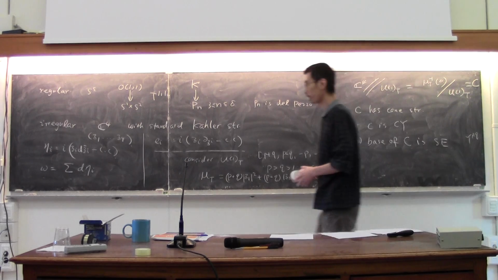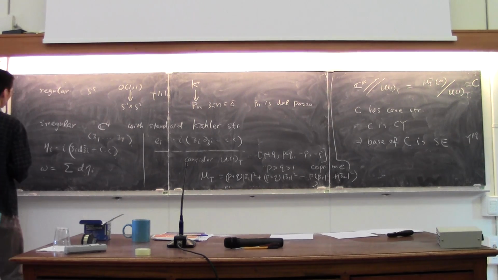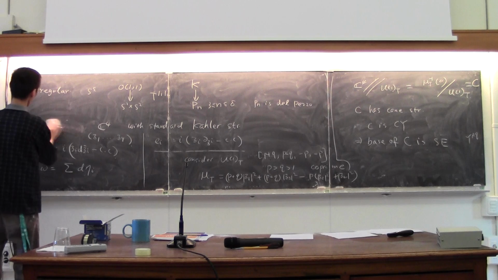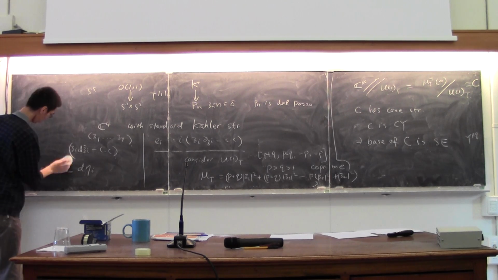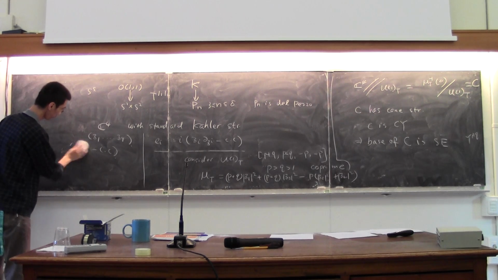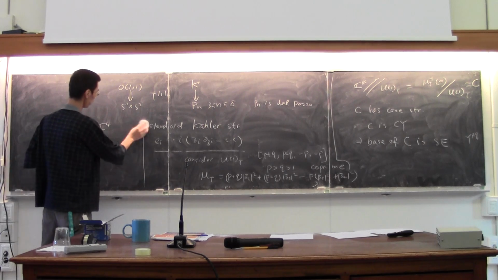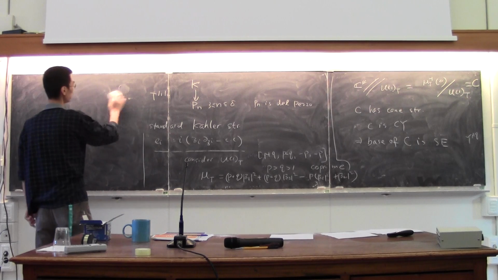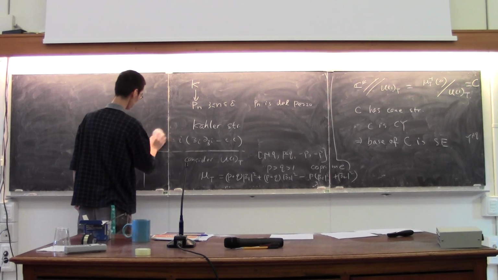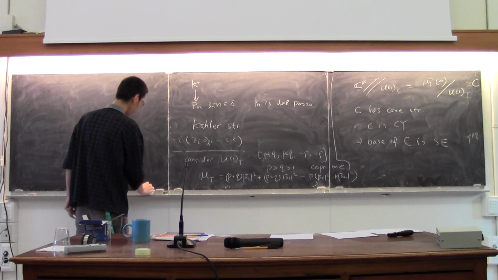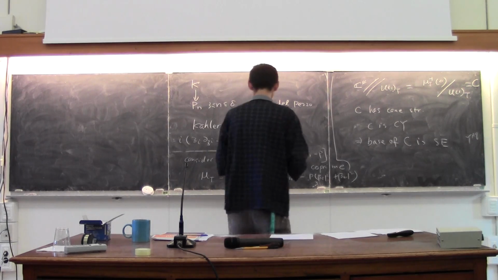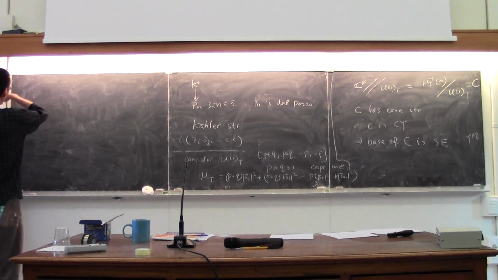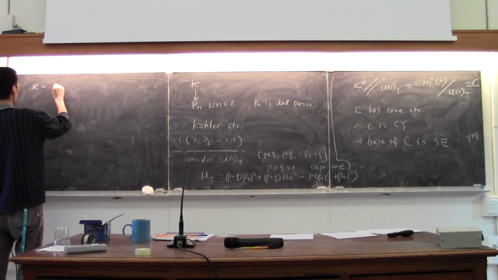To see this space more explicitly, we can do the following. First, let me write down the Reeb vector. The Reeb vector is equal to a linear combination of the E_i.